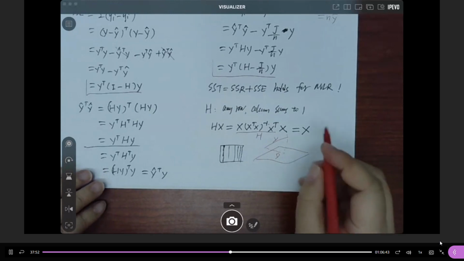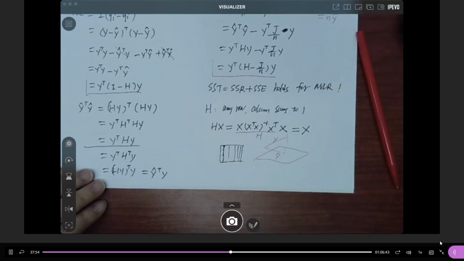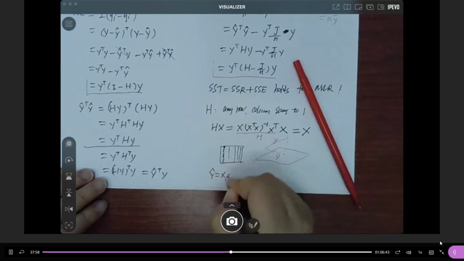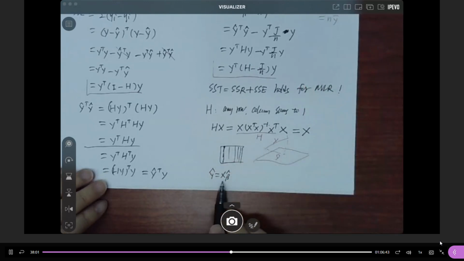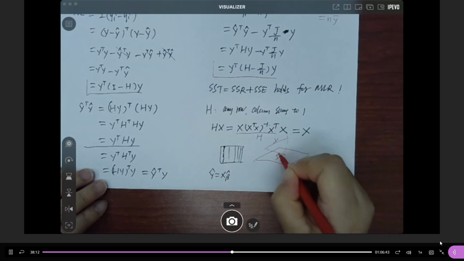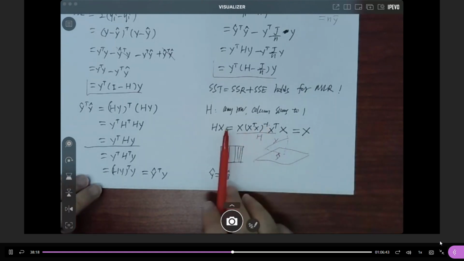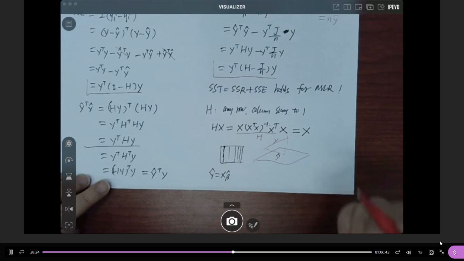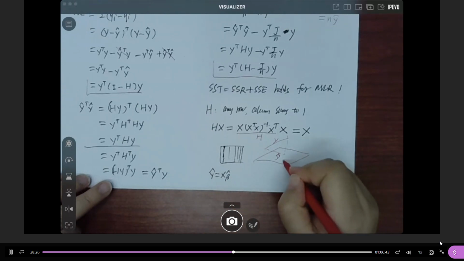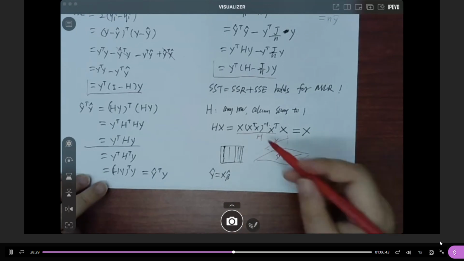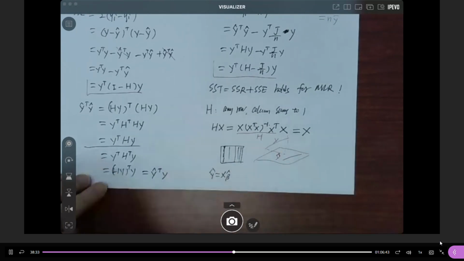Remember Y hat is written as X beta hat, a linear combination of the columns of X, so it is a vector lying in the plane spanned by the vectors of X. So what if you take a vector from the X matrix and have H project it? You get itself, because the vector is already in this plane. In other words, if I take anything already in this plane and have H project it, it projects to itself.